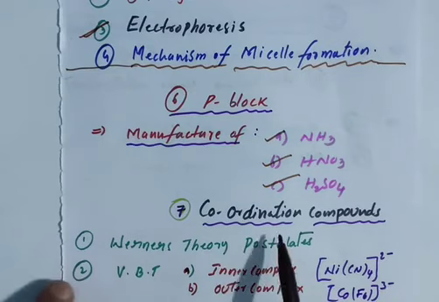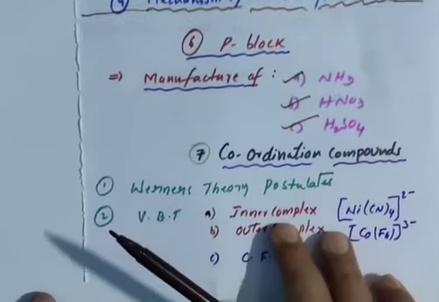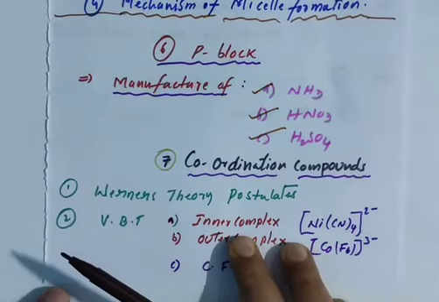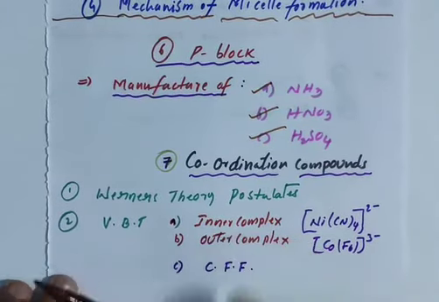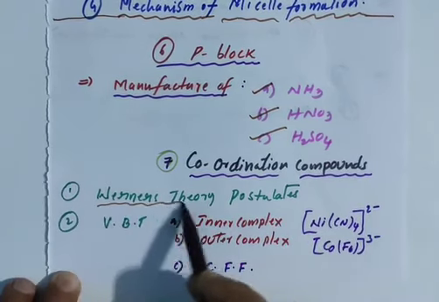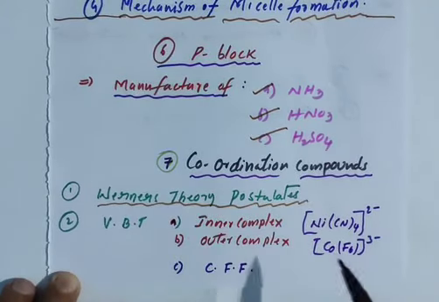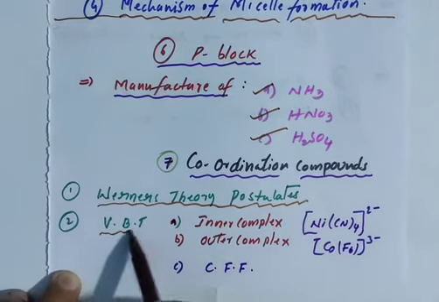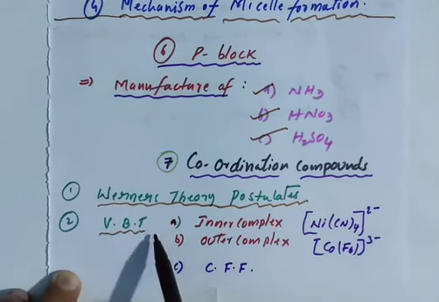Another important topic in inorganic chemistry is coordination compounds. In coordination compounds we have 3 areas. One is Werner's theory, postulates of Werner's theory, and this is one essay question. Another area is valence bond theory.